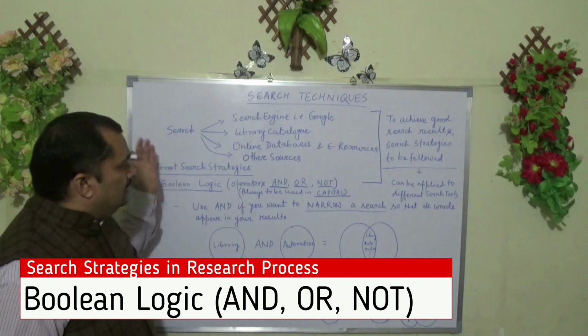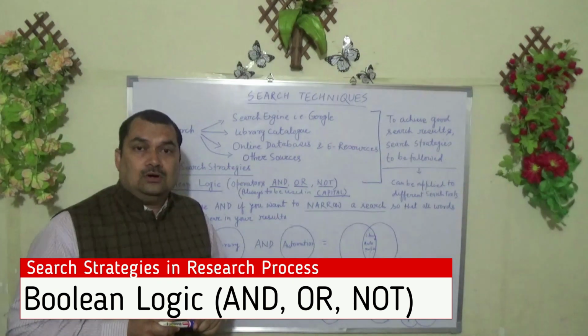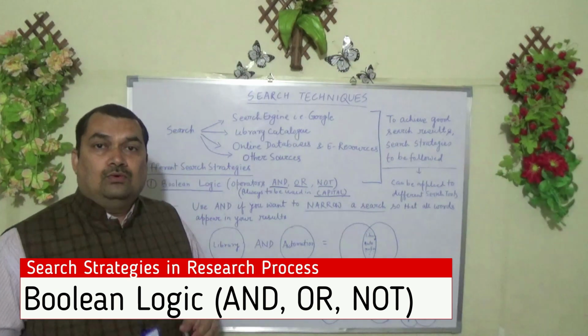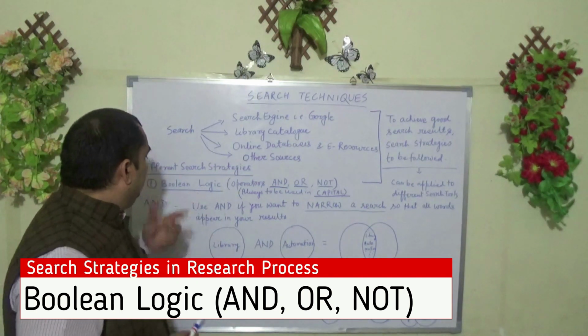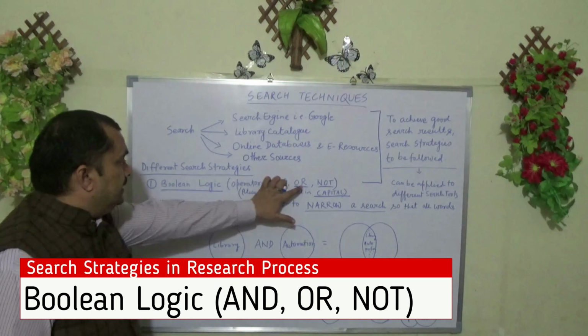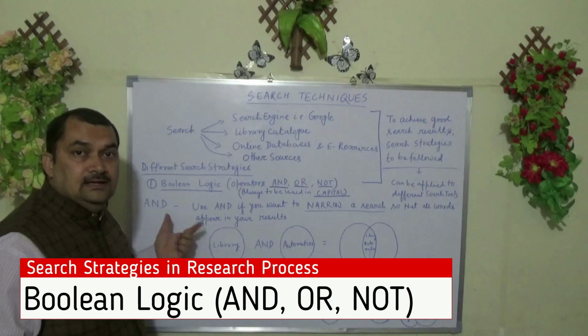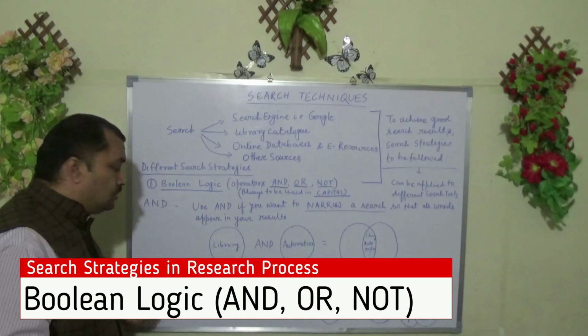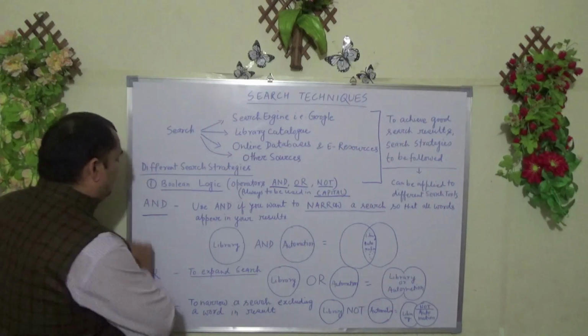Apart from this, there are other search strategies we will be talking about, like truncation, wildcard, and many more. But first we will talk about Boolean logic, in which AND, OR, NOT. We will see how to apply AND, OR, NOT when we search for documents. Let me take the example of AND.